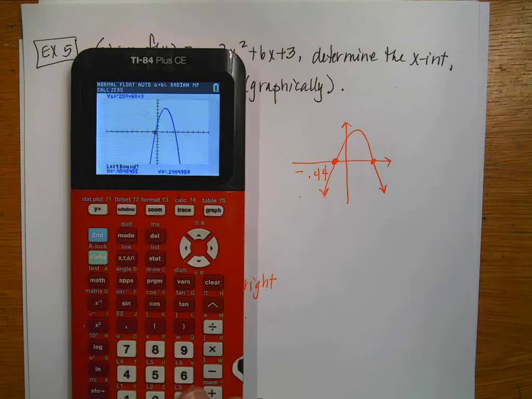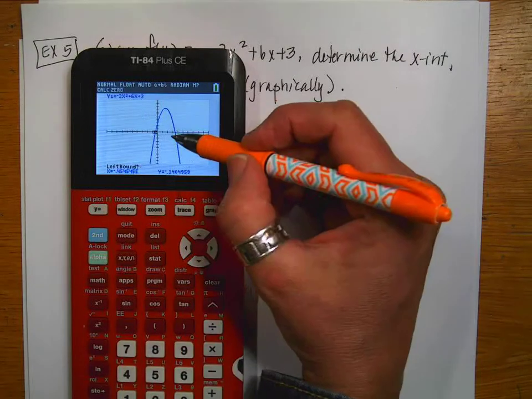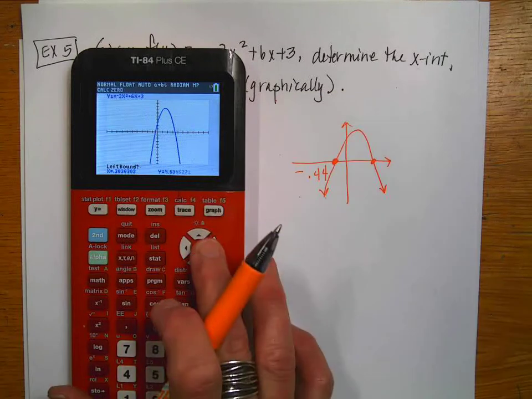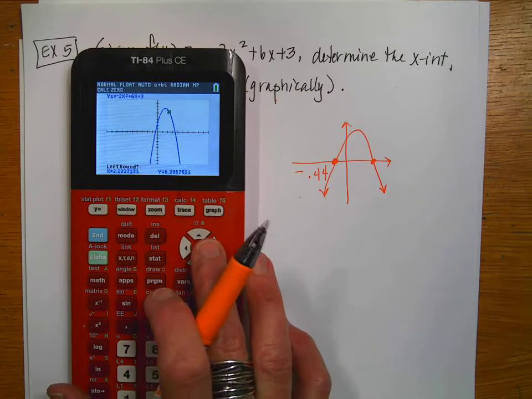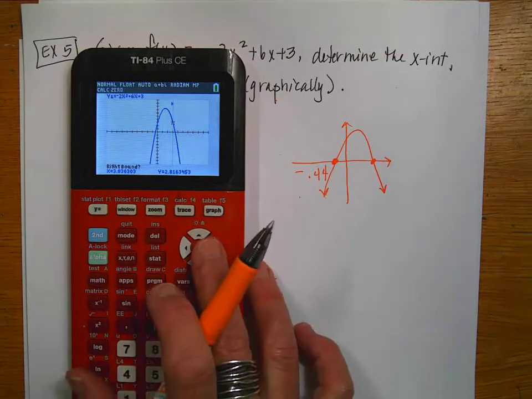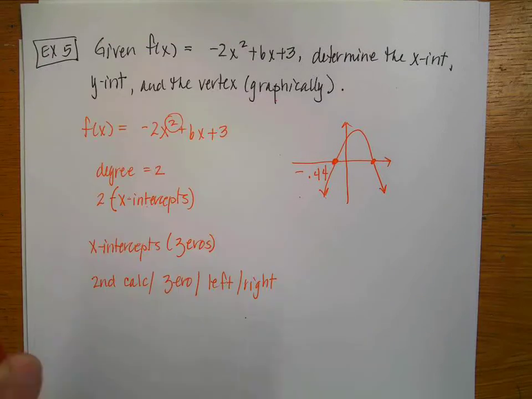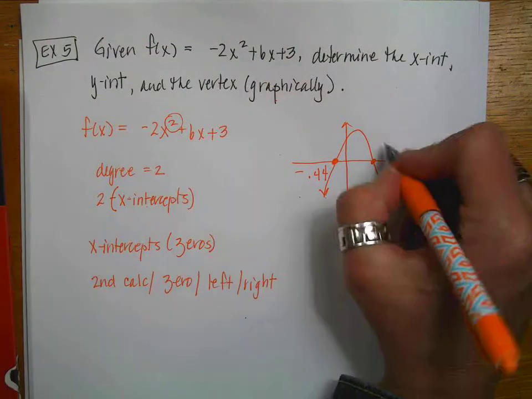And then I want to find this one. So I'm going to do second calculate 0. And now the left, so if this is the point, the left is going to be up there. So I'm going to go to the left and hit enter. Then the next question says go to the right, and I'm going to hit enter, enter.